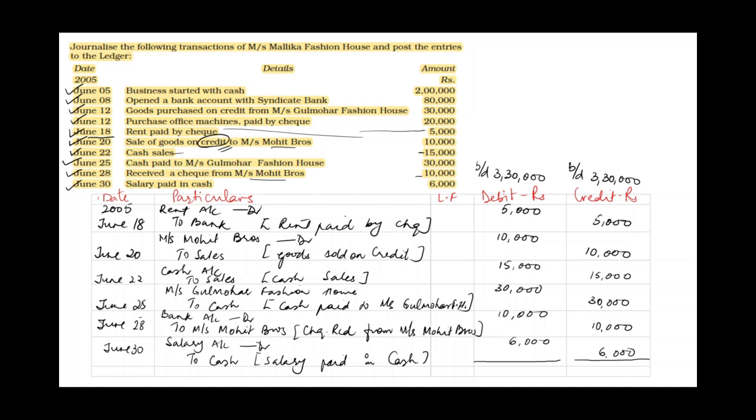So total what I get is 4,06,000. So 4,06,000 is my total. This side also. That means my journal has tallied. The debit is equal to credit. So with this I can proceed for my ledger.